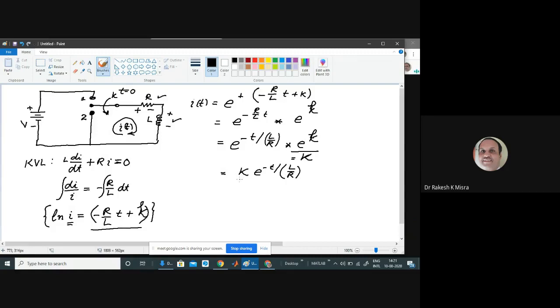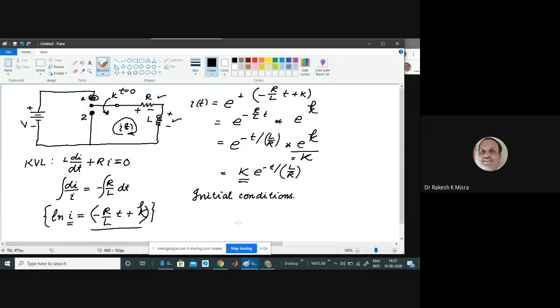Now evaluation of this K needs evaluation of initial conditions. So we need to evaluate initial conditions. To evaluate initial conditions, we'll have to see what was the condition of this circuit when the switch was at position number 1.